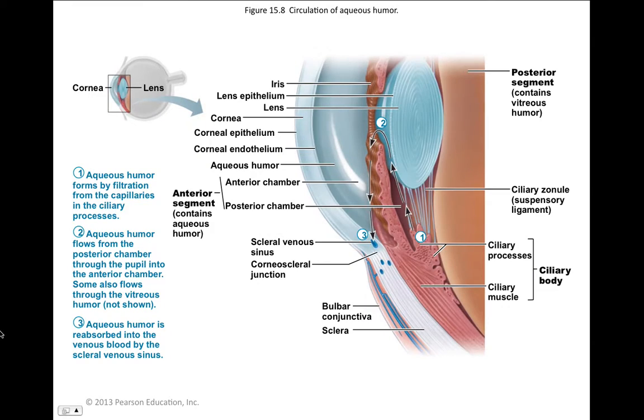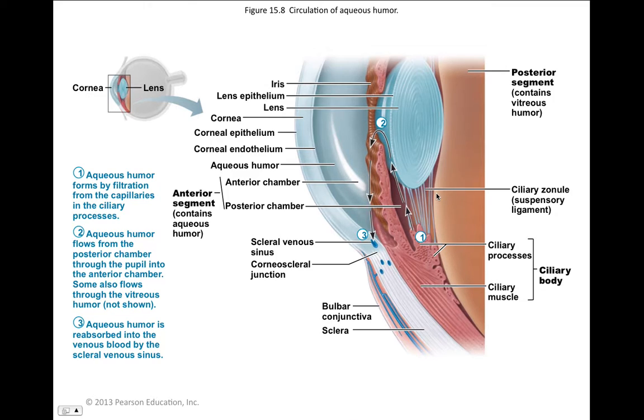Okay. So the aqueous humor forms by filtration from capillaries in the ciliary processes. It flows out, up to the pupil, out of the pupil, into the portion between the pupil, the iris, and the cornea. Now you have all this clear fluid that flows from the posterior chamber to the anterior chamber.